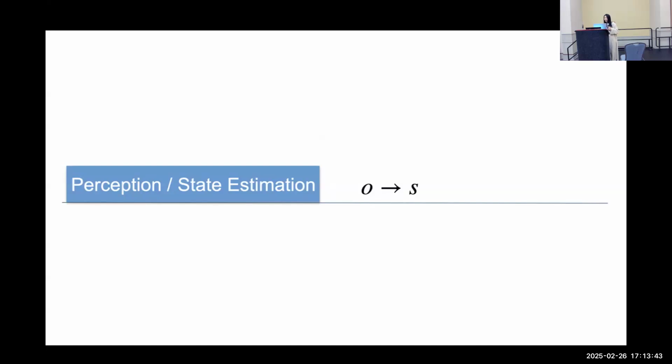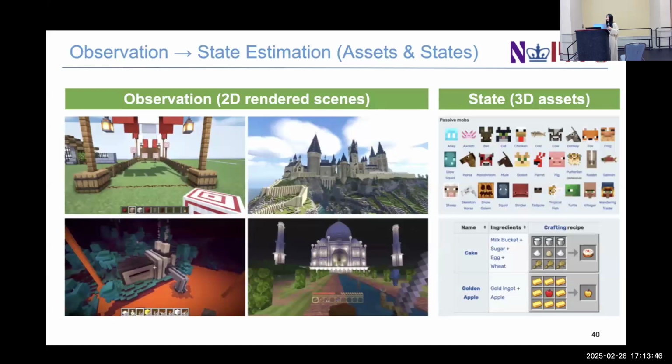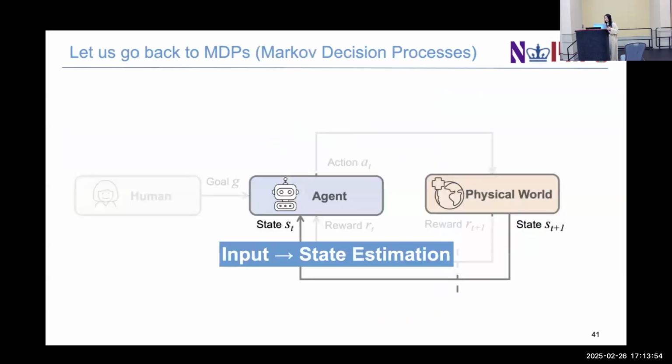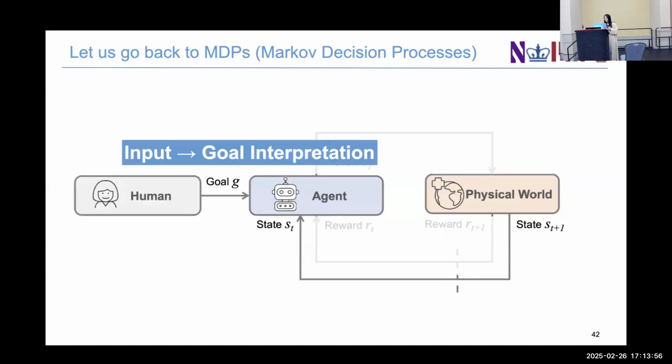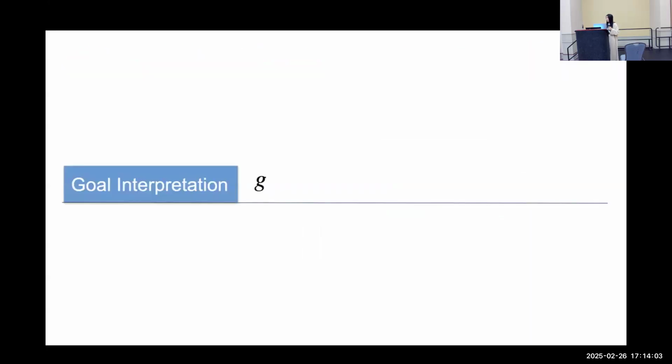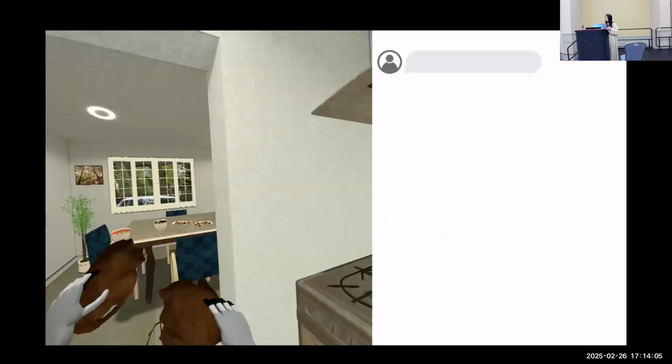This is called state estimation, or essentially a perception task. As we mentioned, from the 2D rendered scenes of the observation, we try to recognize the state as 3D assets. And then we have goal interpretation. Goal interpretation handles another kind of input that is more about natural language, and we try to ground it in the visual scene.